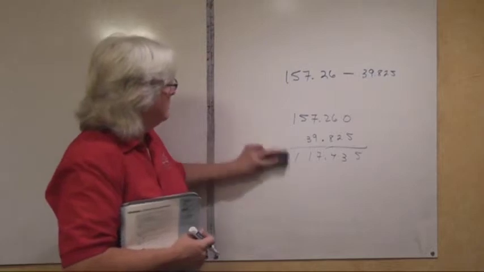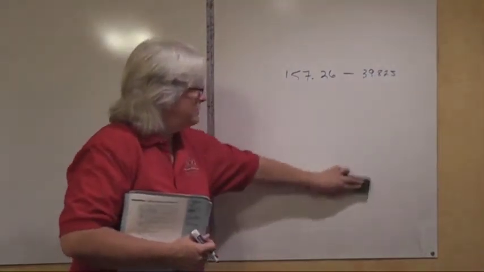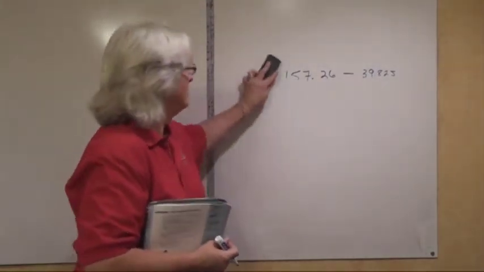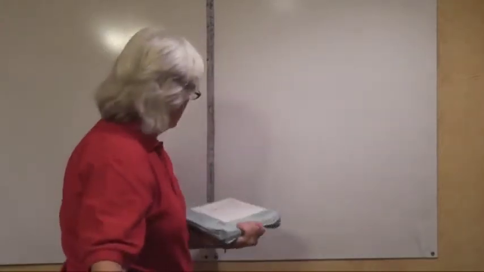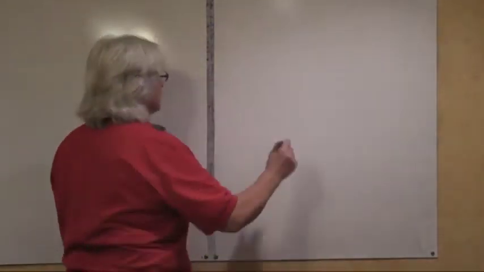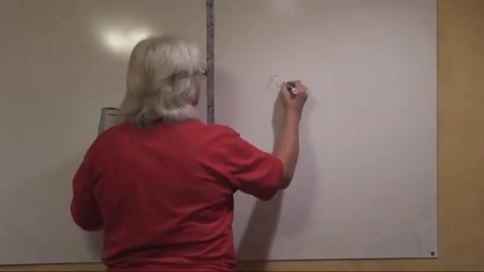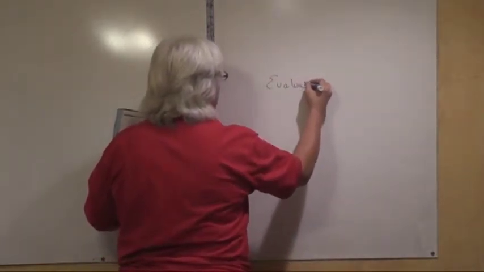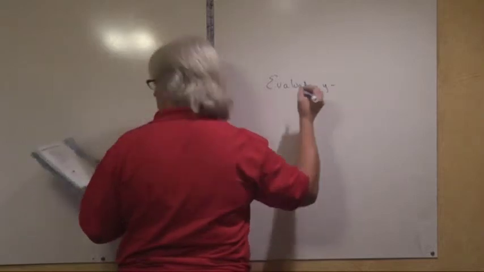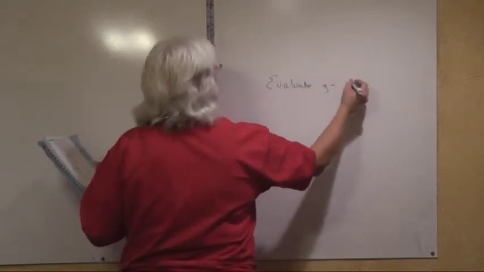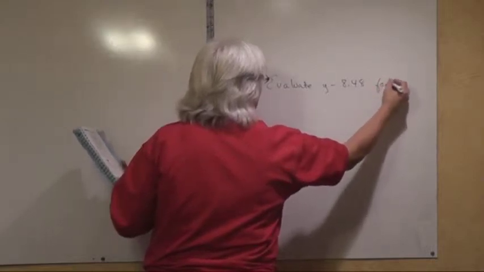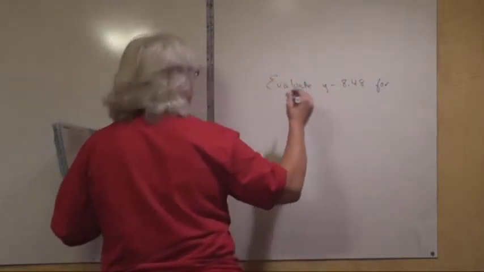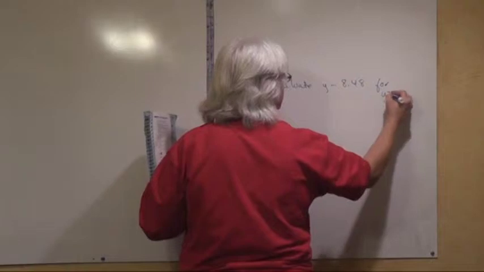Now what do you want to do if you are given a decimal number and they ask you to evaluate for a variable? For example, evaluate y minus 8.48 for y equals 9.2.